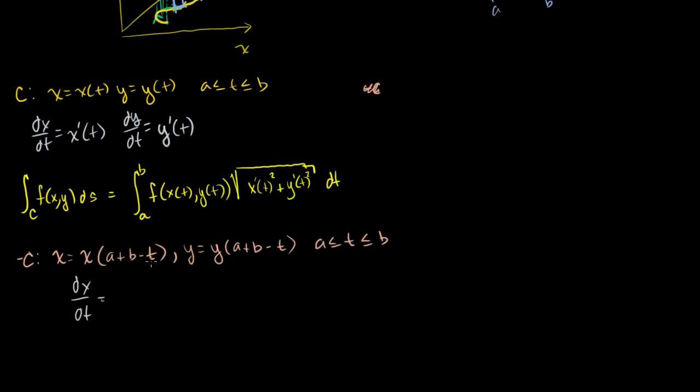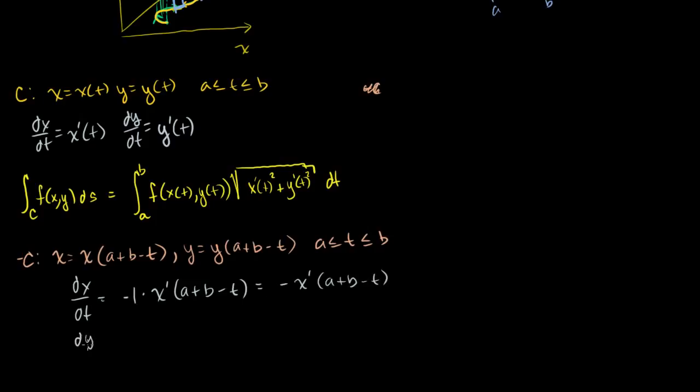Derivative of the inside with respect to t: these are constants, and the derivative of minus t with respect to t is minus 1. So it's minus 1 times the derivative of the outside with respect to the inside, which is x prime of a plus b minus t. So this is just minus x prime of a plus b minus t.